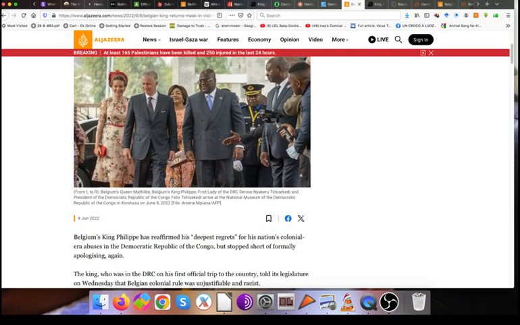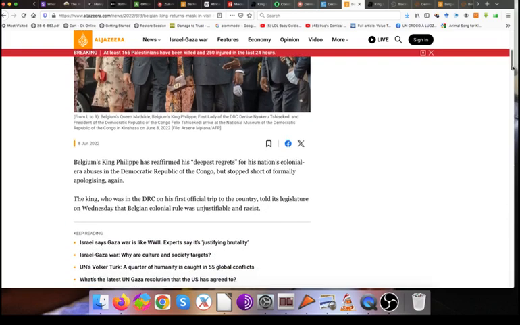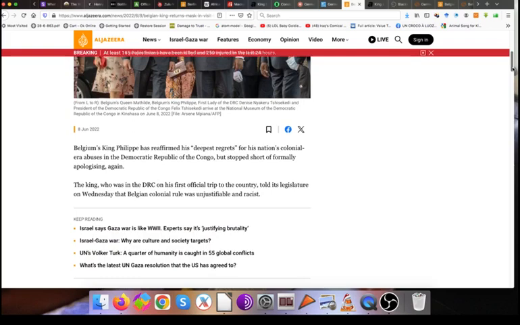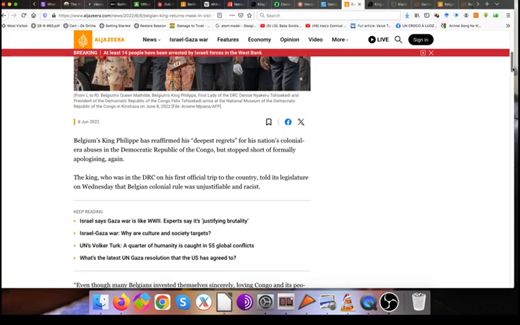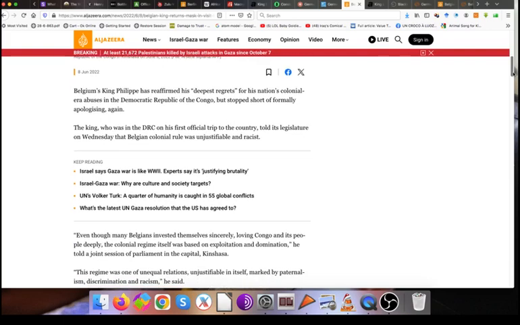That's King Philippe and Queen Mathilde, and that's Congolese President Felix Tshisekedi. And King Philippe reaffirmed his deepest regrets for colonial abuses in the DRC, but stopped short of formally apologizing.